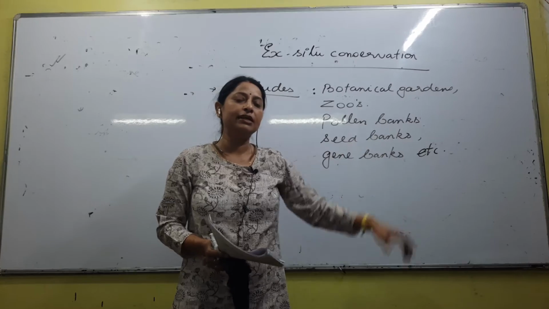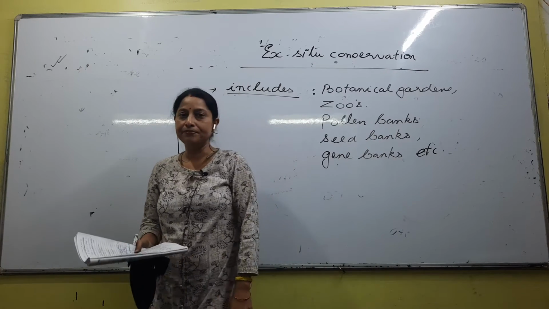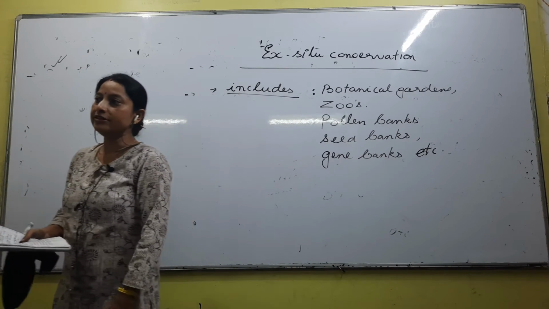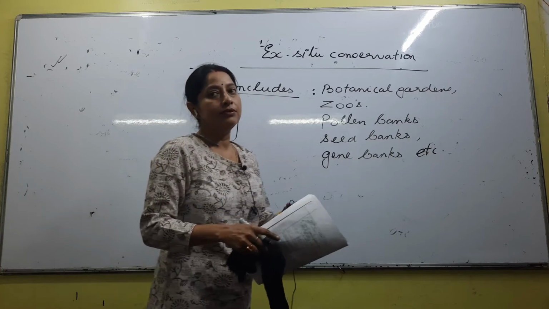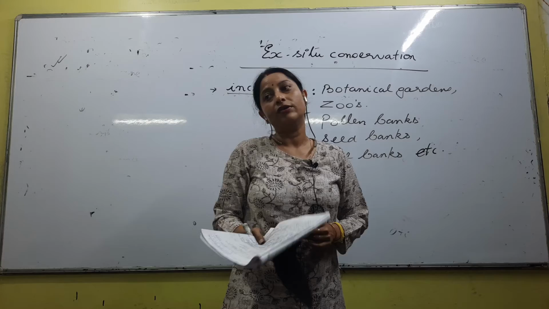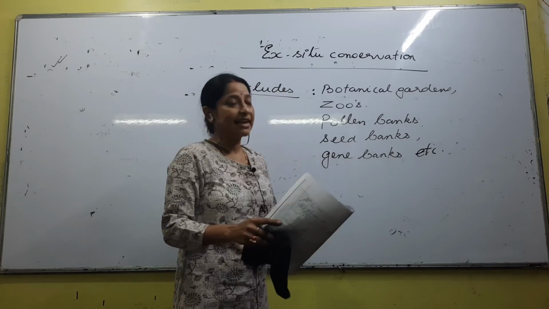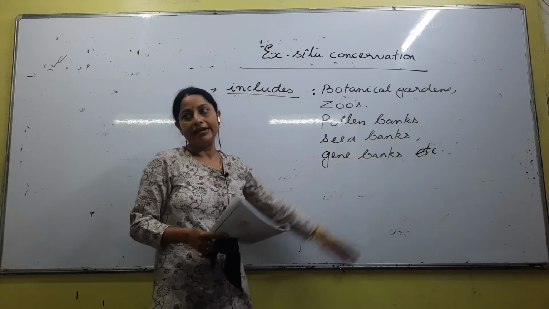I think you have heard something called cryopreservation. Cryopreservation, liquid nitrogen, yes. You generally store it in liquid nitrogen, and that process is called cryopreservation, and that is the technique generally used in the banks.